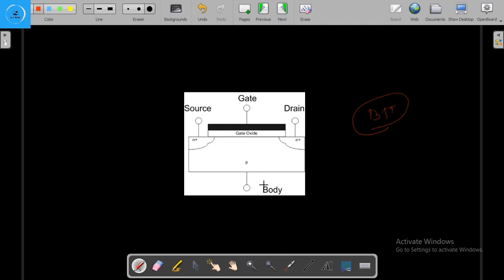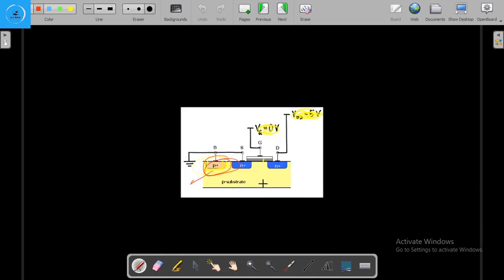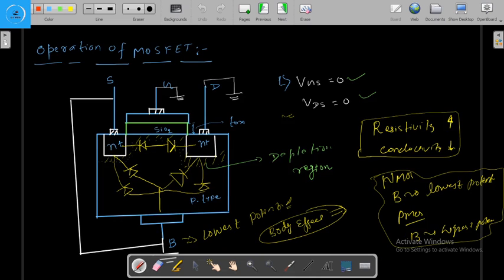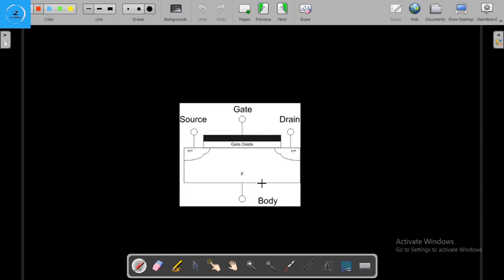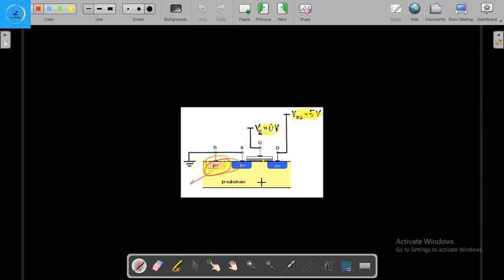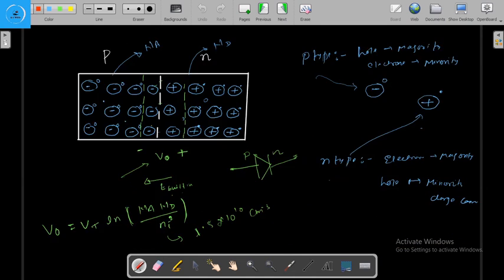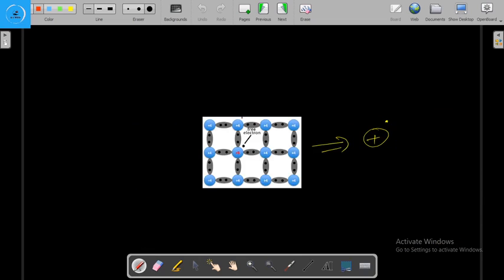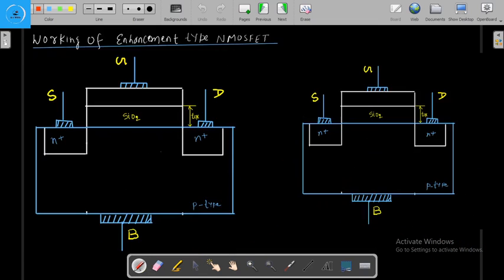Now we are going to see the operation of the MOSFET, the working of the MOSFET.